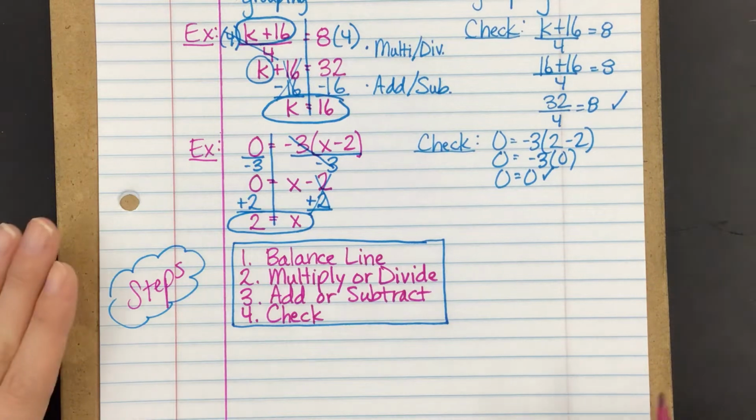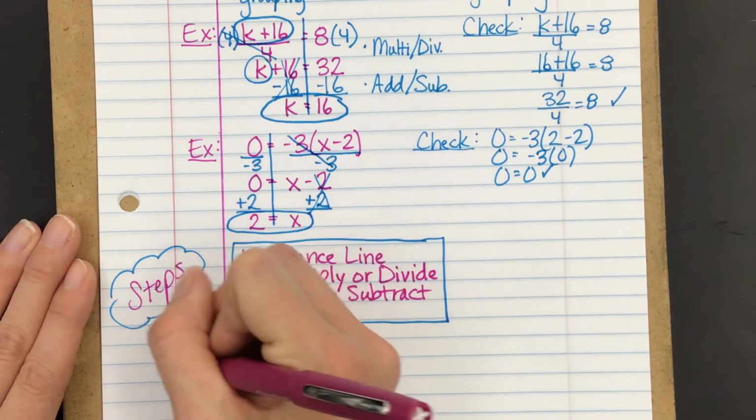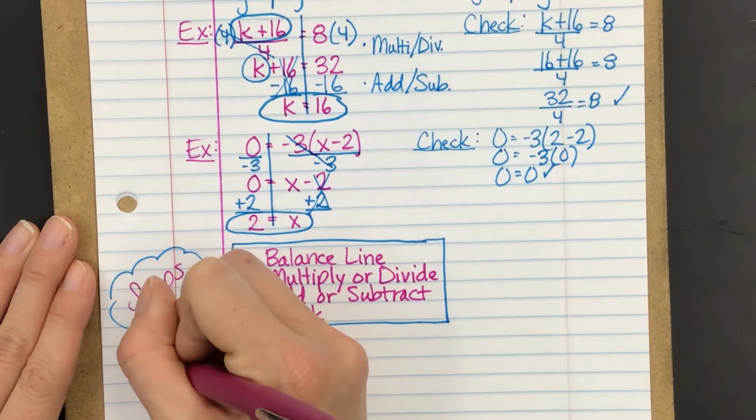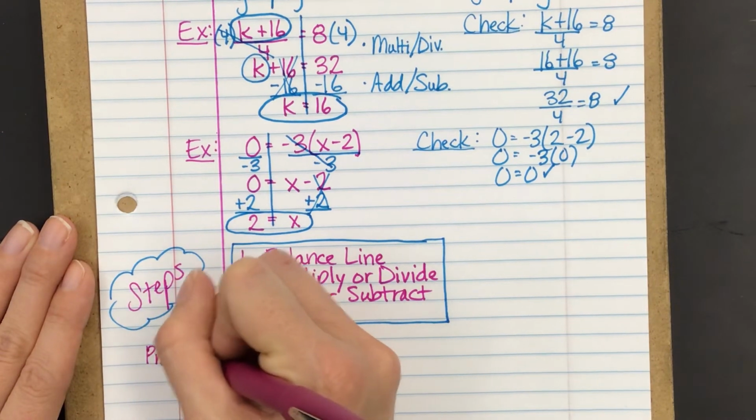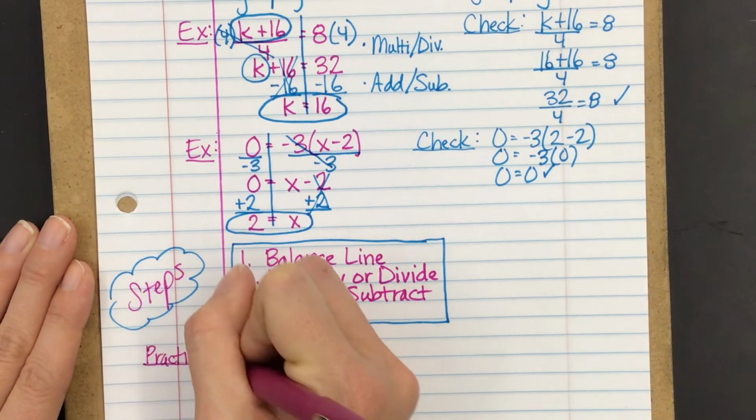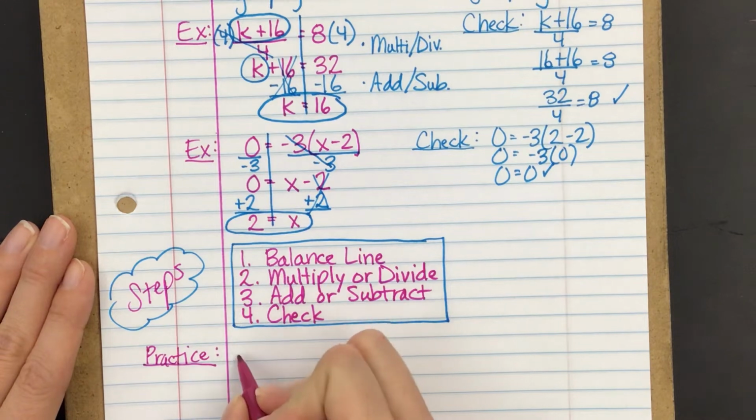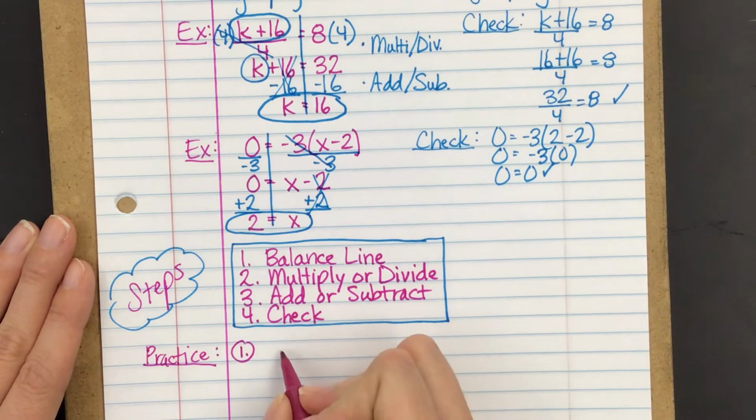All right, you guys, let's do a little bit of practice here. I'm just going to give you 2 practice problems, one with each type of grouping, and we'll just make sure we're good before we start our homework for tonight.